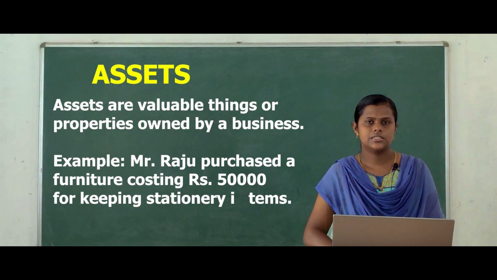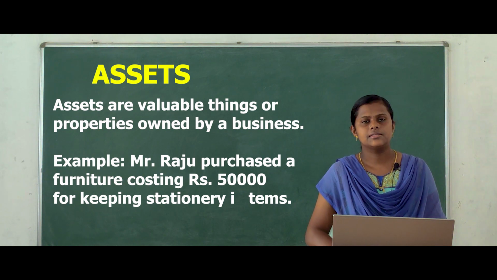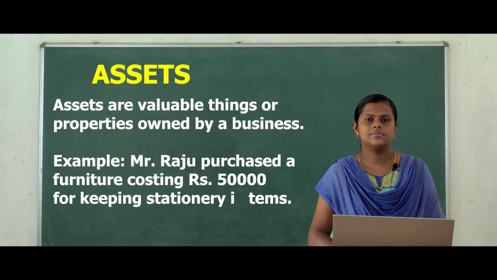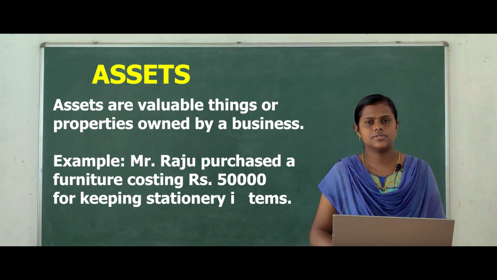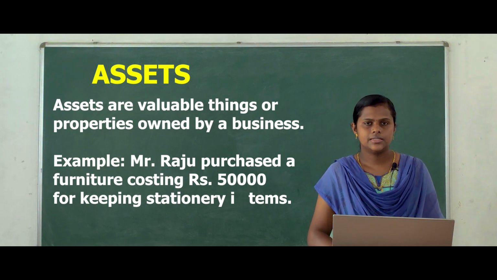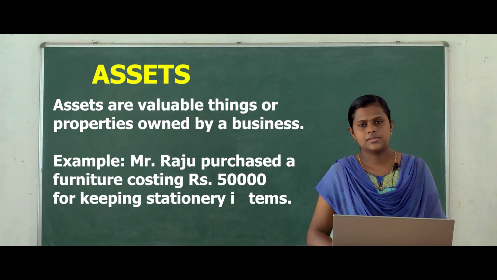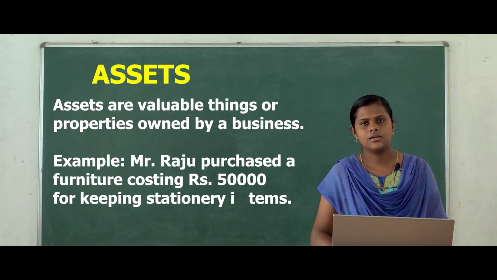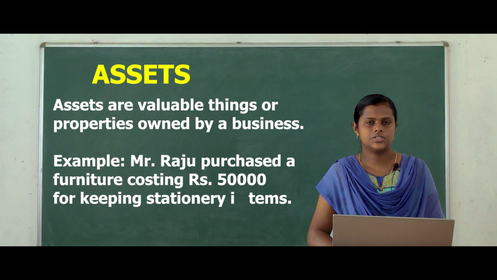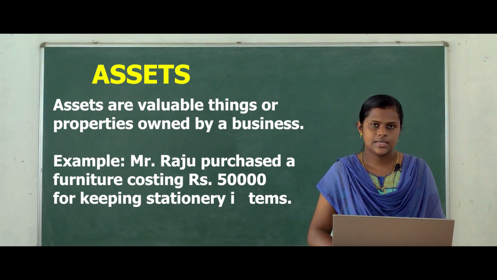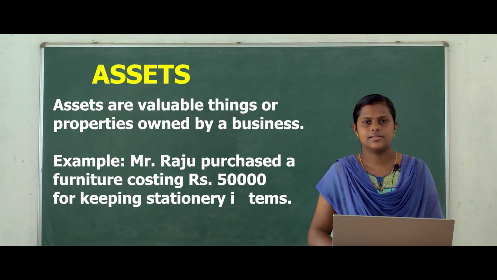In the case of stationery shop, purchase and sale of stationery items are the main activities. So in this case, Mr. Raju, that is the owner of the business, purchased a furniture for keeping these stationery items. So in this case, furniture is the asset.